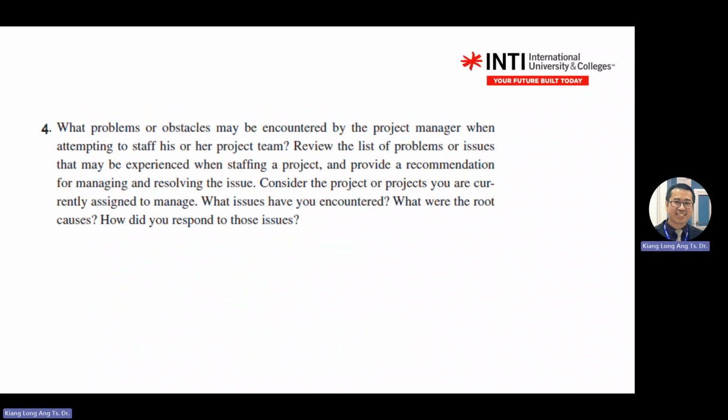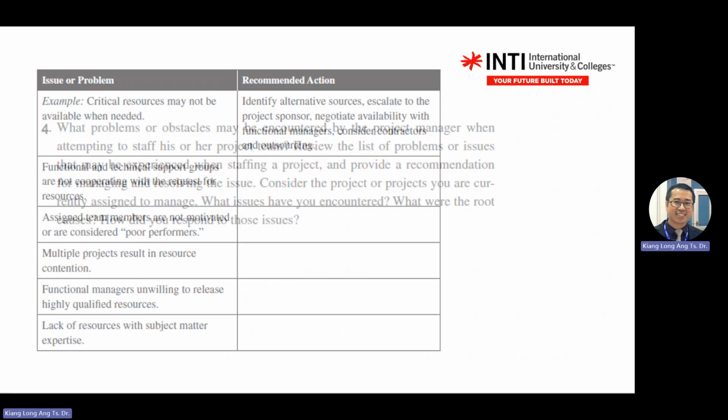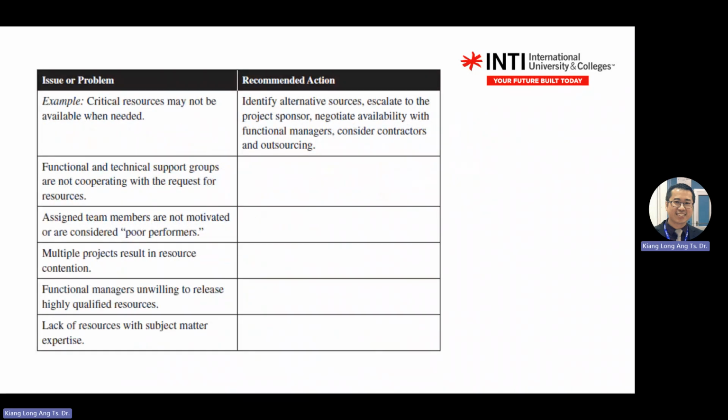Consider projects you were recently assigned to manage: what issue you encountered, what are the root causes, how do you respond to this issue. This is a table, right? So in the table, there are lots of problems. For example, critical resources may not be available when needed. So the recommended action, you look for alternatives.